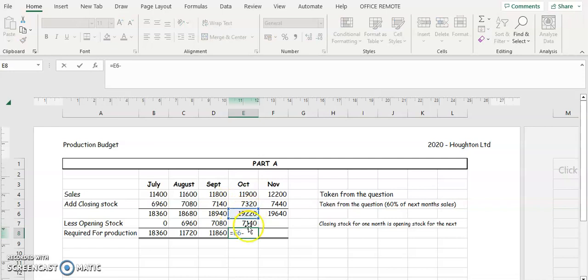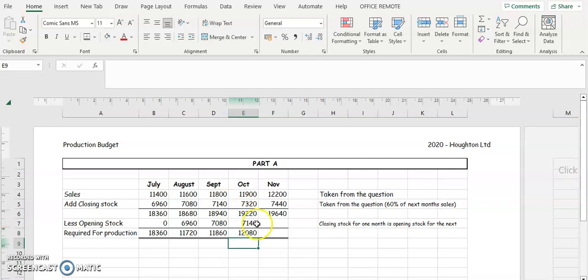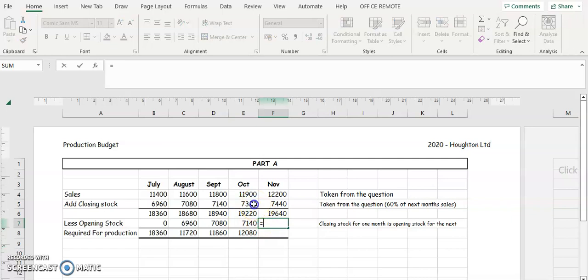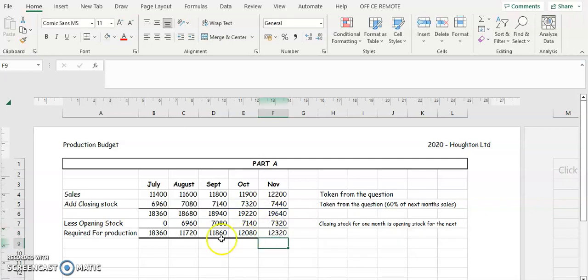We're taking it away because we've produced it already, and that's going to give us the amount of units that we need to produce for that month. So for July we need 18,360, August we need 11,720, September we need 11,860, October 12,080, and November 12,320.